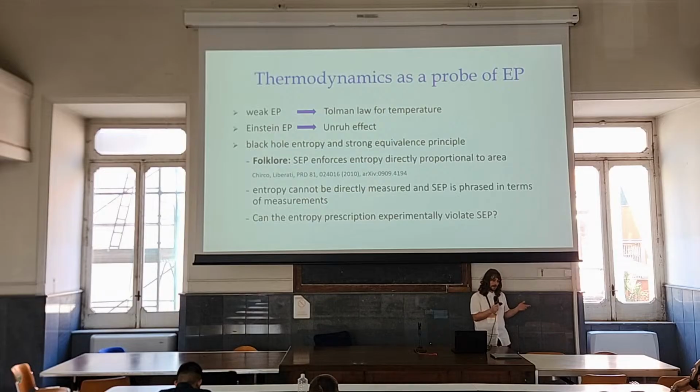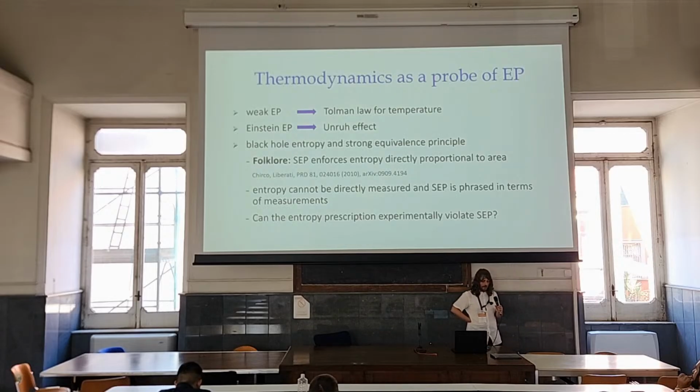Similarly, the Einstein equivalence principle, which concerns arbitrary non-gravitational test physics, essentially enforces local Lorentz invariance of your theory, and that more or less directly through the Bisognano-Wichmann theorem gives you the Unruh effect even in curved spacetimes, at least locally.